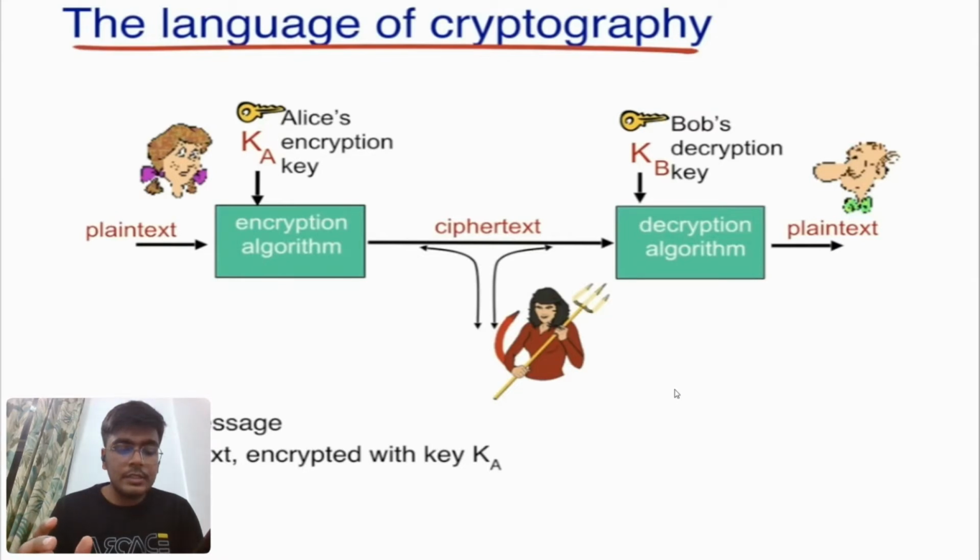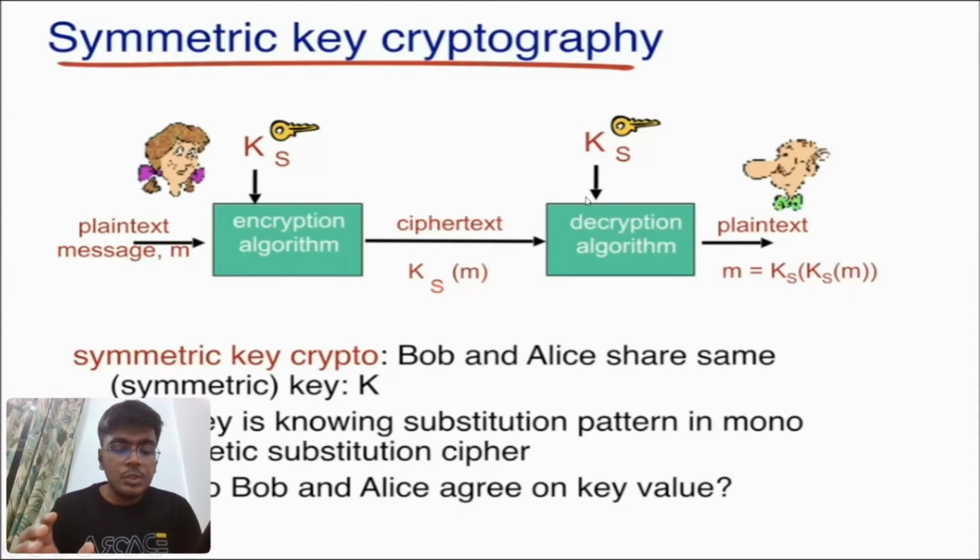So Alice generates the ciphertext with an encryption algorithm and an encryption key, and Bob deciphers it with the help of a decryption key or decryption algorithm. Well, now the most basic type of cryptography is symmetric key cryptography.